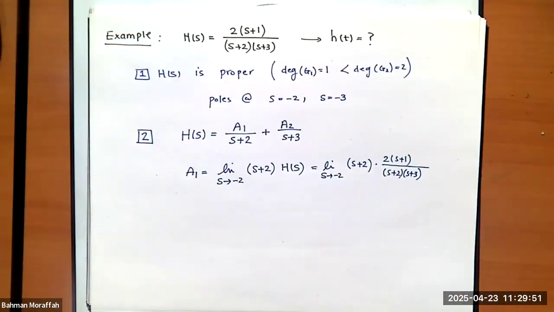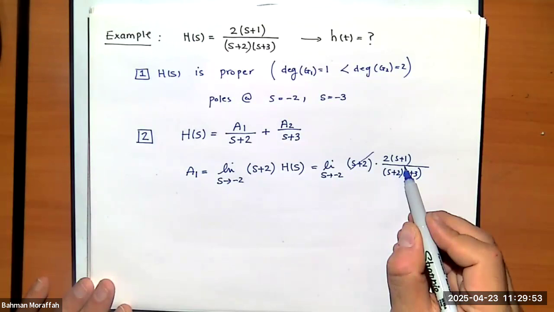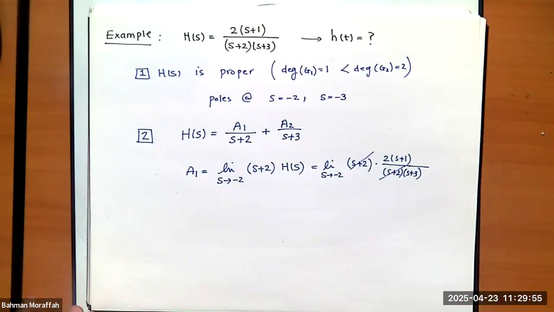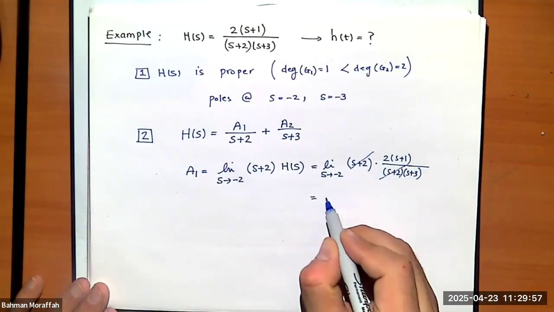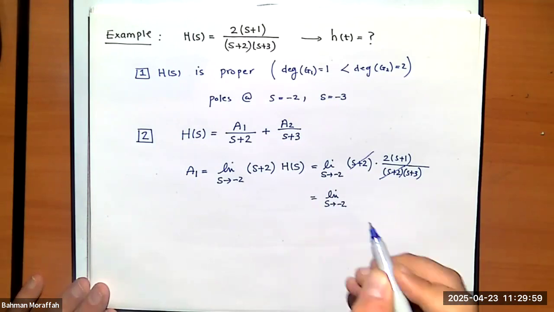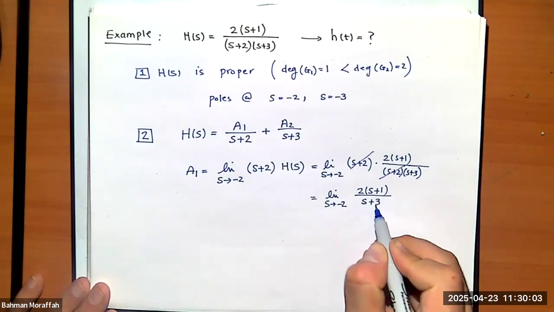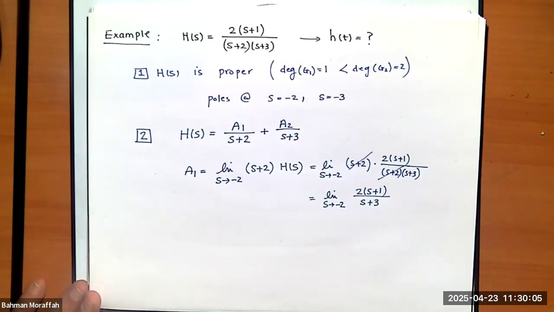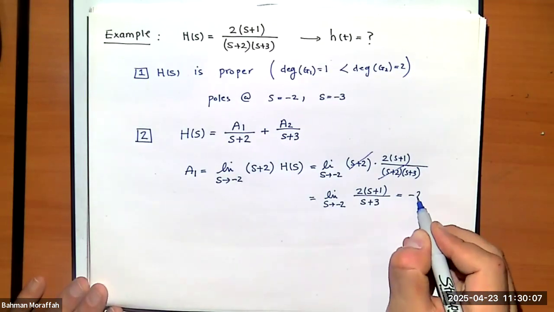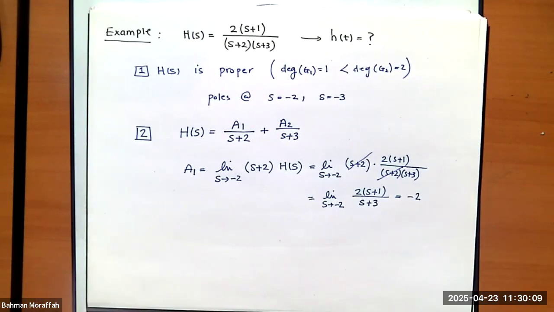The S plus 2 cancels, so this limit becomes the limit as S goes to negative 2 of 2 times S plus 1 divided by S plus 3. And this limit is negative 2. So that is my A1.